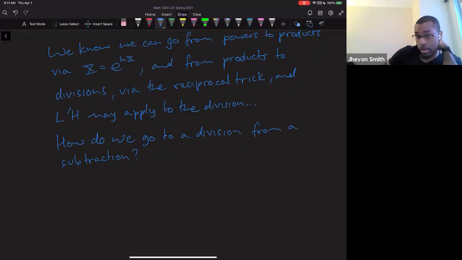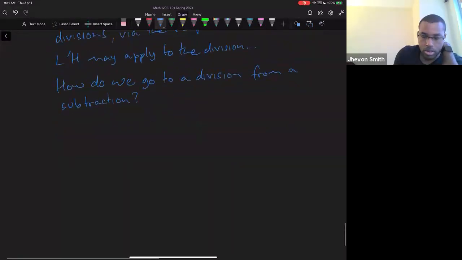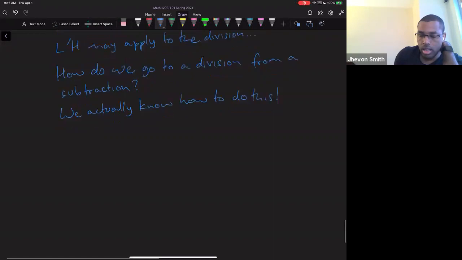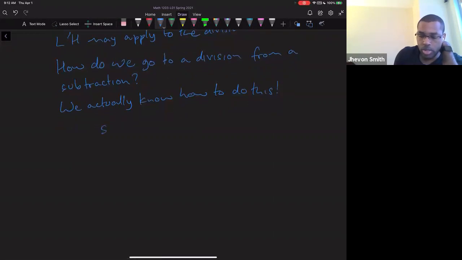But it's actually not that weird. We actually know how to do this. We can go from subtraction to product to division. How would you do this?